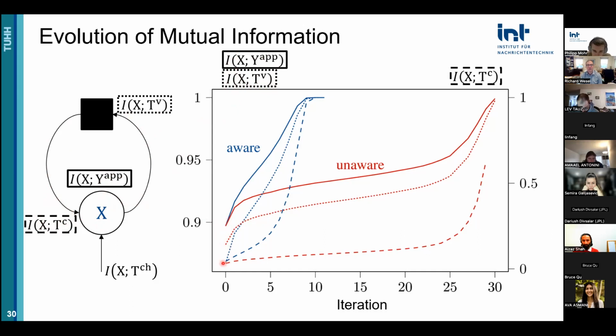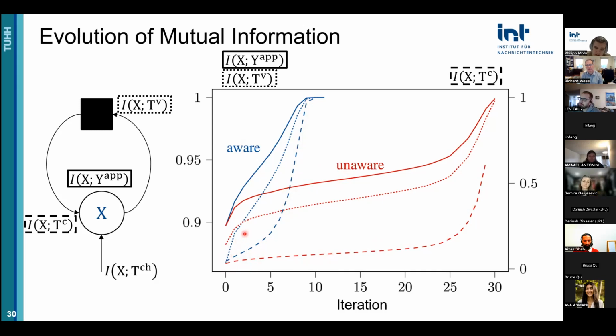And if we look, for example, here at the check node mutual information, we see that after the first iteration, we already have some gain in case of the aware design compared to the unaware design. And if we move along the iterations, we converge much faster than if we do the unaware approach.